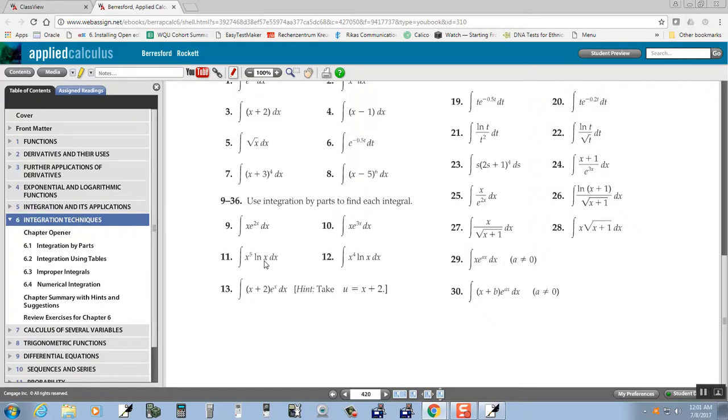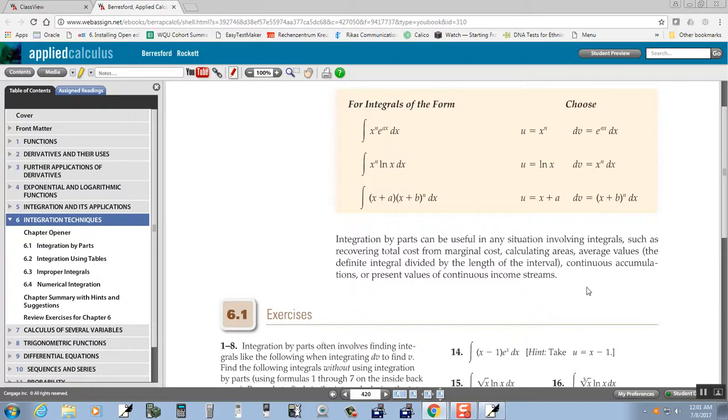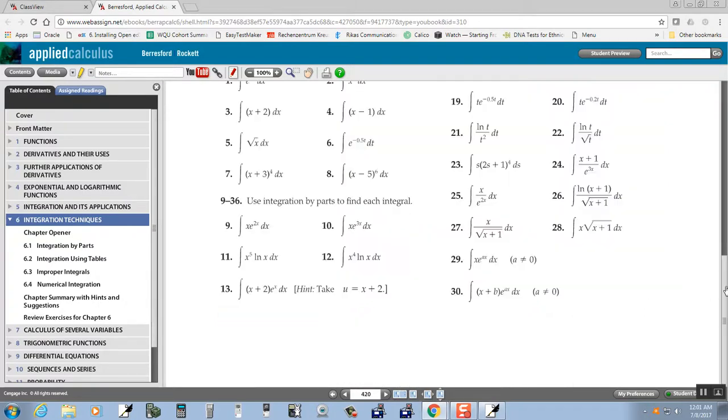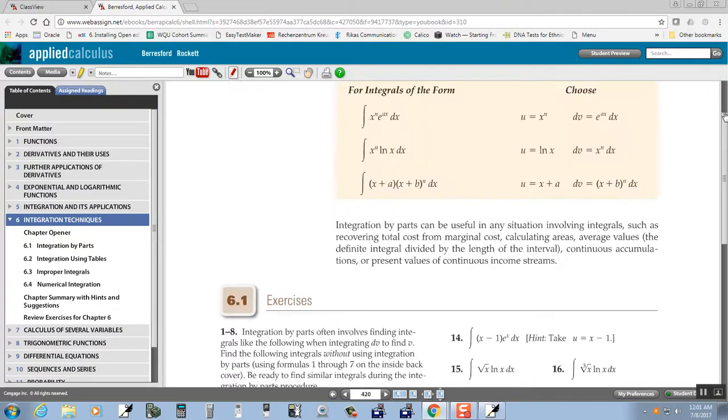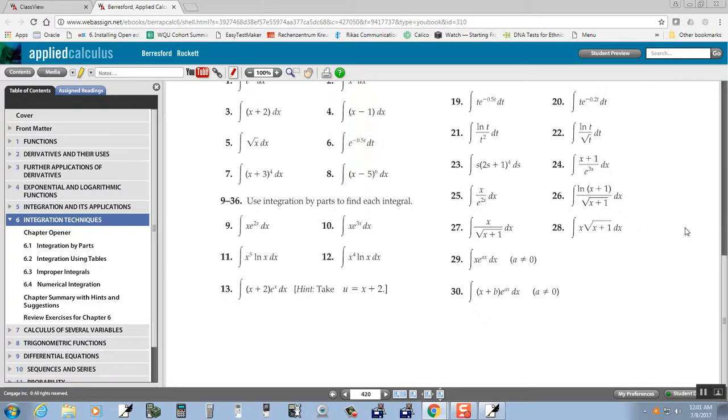Now here's one, but that's not what I was looking for. I guess I could use it. I just don't see a real good example. Natural log is kind of a different one, but I guess I might as well show it.